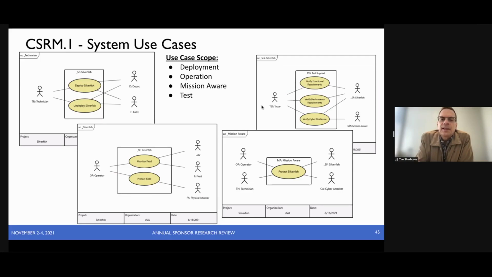And finally, we include the tester, and specifically verification of the cyber resilience mechanisms built into the system, and the ideas, like Peter was mentioning, of the test support system.